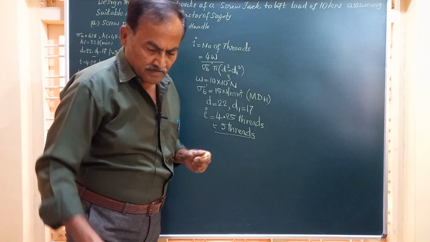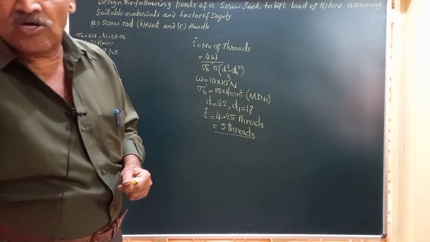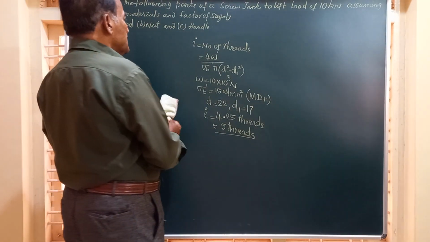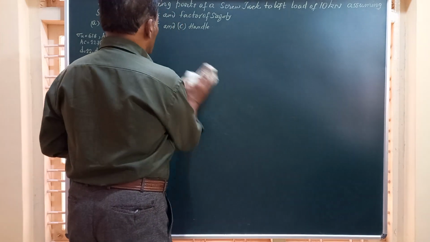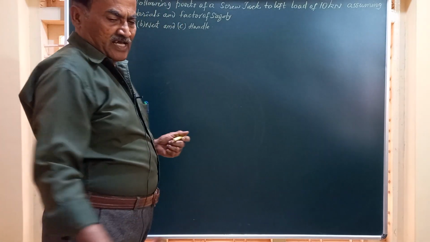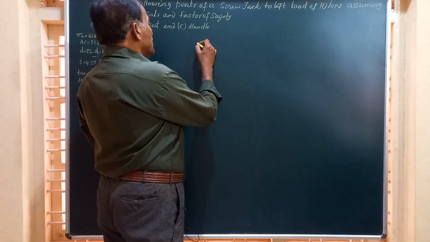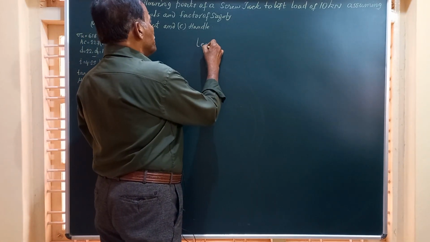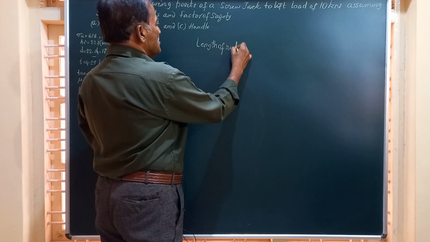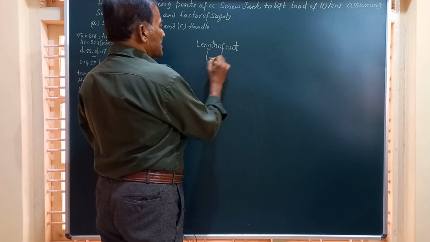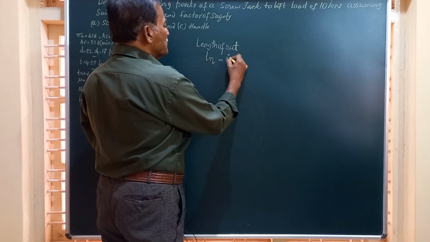So next comes finding out the length of the nut. We have a formula again similar to this, that the length of nut, Ln, is equal to i into pitch.